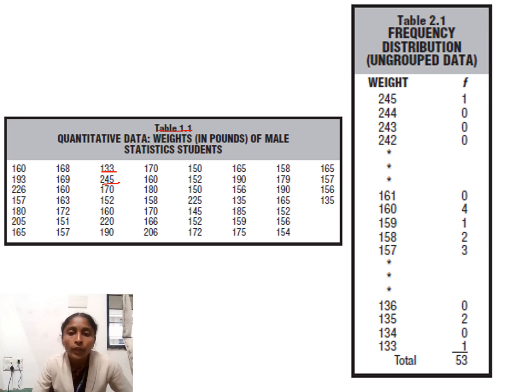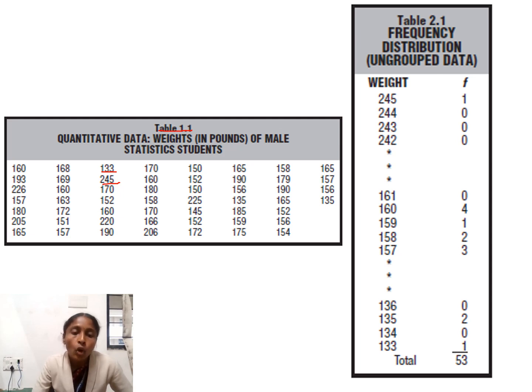From 245 to 133, we list out all the numbers from highest to lowest. This method is called sorting. After doing this, we have to find each value in the given data set. The first value is 245. Is 245 present in the given data set or not? Yes, it is present.